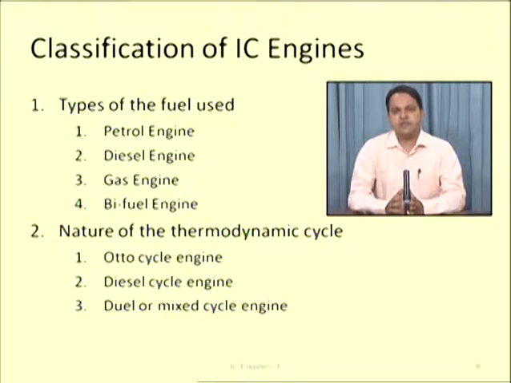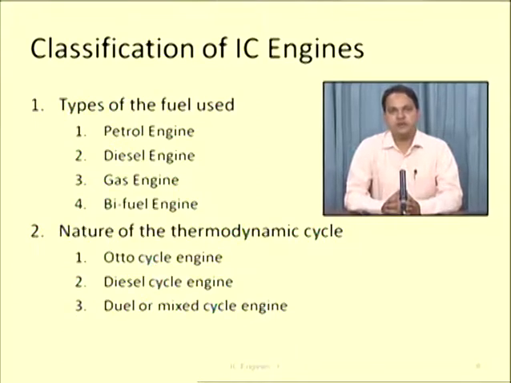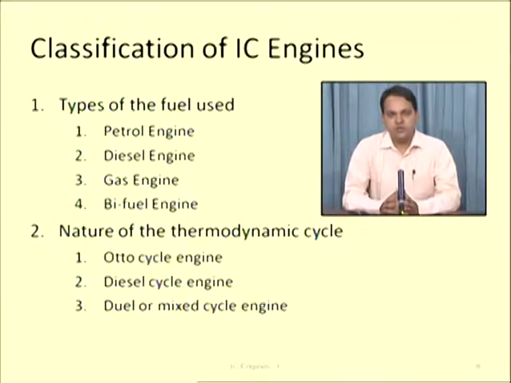The first classification is based on the fuels, what kind of fuel we are using. First is the petrol engine. Normally all bikes have a small engine which is run by a fuel called petrol. The second is the diesel engine. If you are using diesel as fuel, then it is called a diesel engine. Normally we can see diesel engine cars.